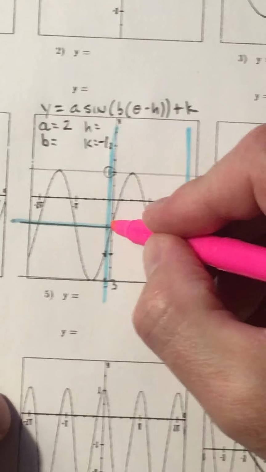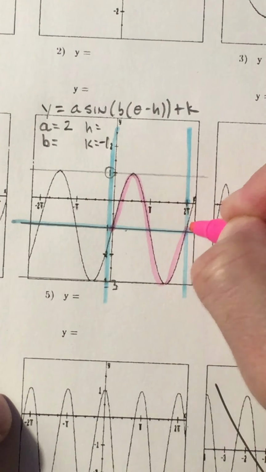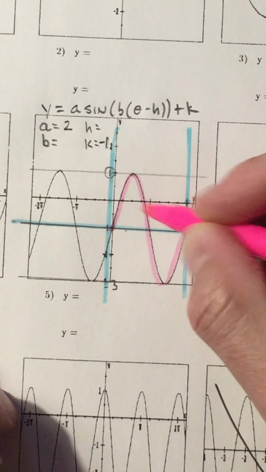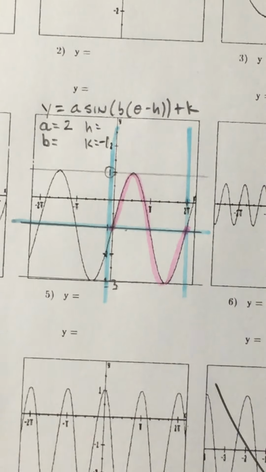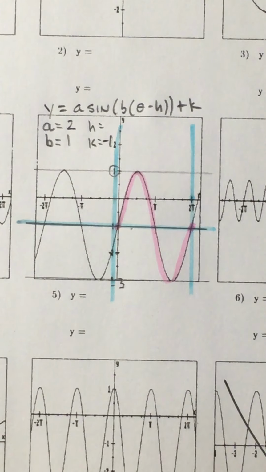And what I see is there's the middle, so I'm going to go up, down, up, and then we're at the middle again. How many cycles is that in that distance? 1. So the b value is 1.